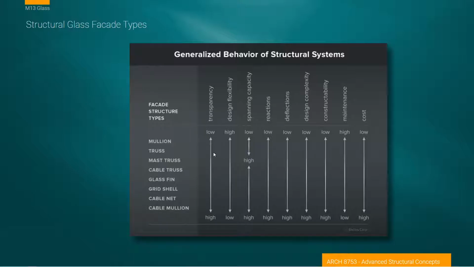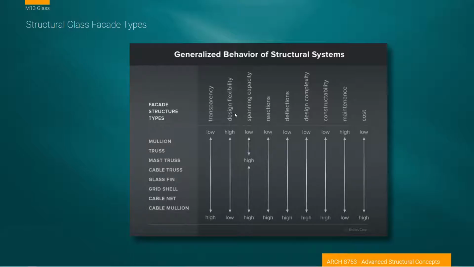And this idea of them going from a mullion system, which would be at the bottom of the pile, so to speak, as far as cost goes, having the least amount of transparency, and some of the highest level of design flexibility. Let's see if I can find it again. Constructability, maintenance, yeah.